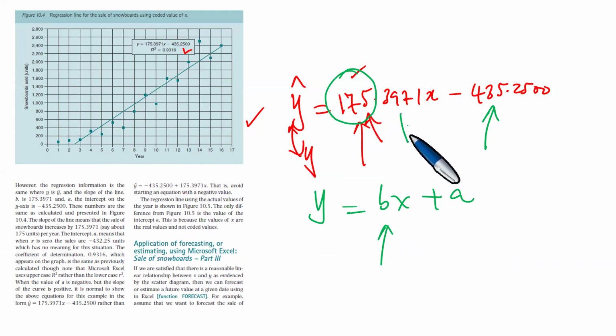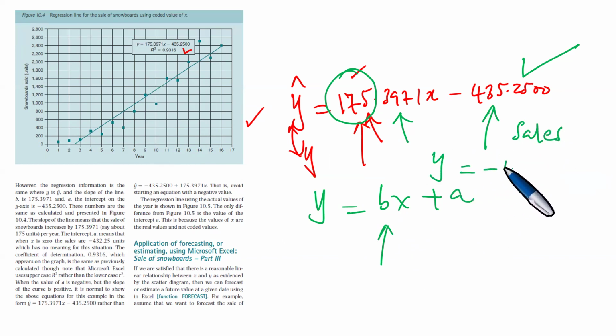Very interesting: when X is 0, you're discussing sales which are minus 435.250. What is this? Negative sales? Which has no meaning for this situation. So if X is 0, then you're speaking of a negative number of sales. No meaning whatsoever for this situation.